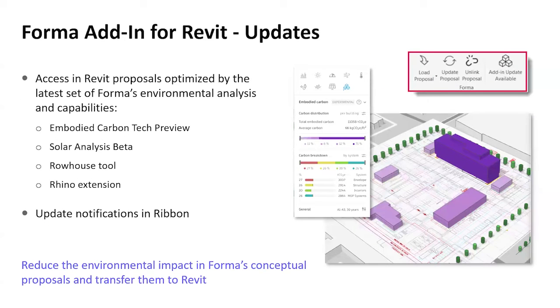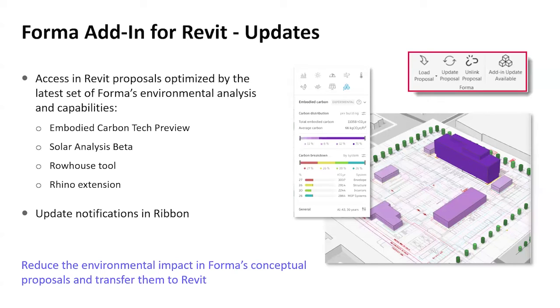Forma. If you're not using Forma, you should. It's a fantastic opportunity to scale up the conceptual proposal. As you start analyzing your site, Forma is there for you to analyze the surrounding context, to pull in buildings and site and roadways from online sources that Autodesk has partnered with.